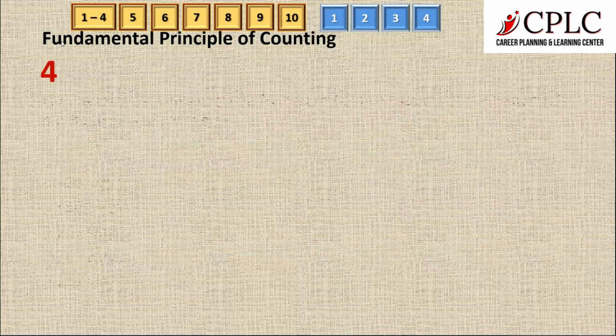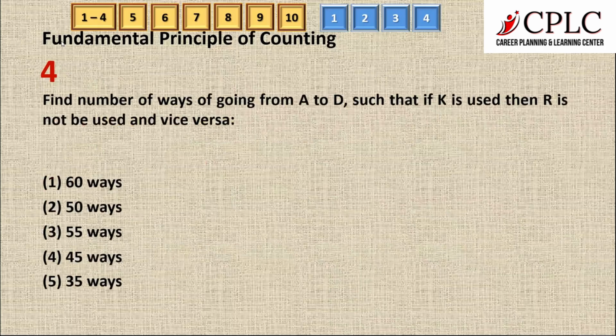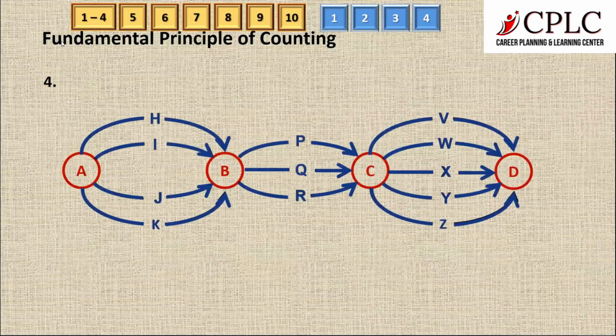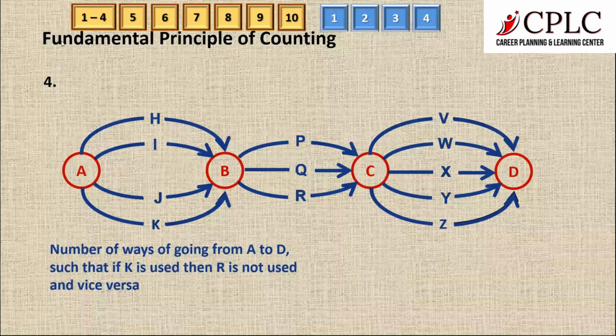Find the number of ways of going from A to D such that if K is used, then R is not used, and vice versa. Now, over here, it says if K is used, then R is not used. But over here, there's no compulsion to make use of one route.